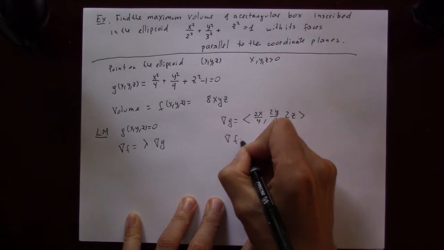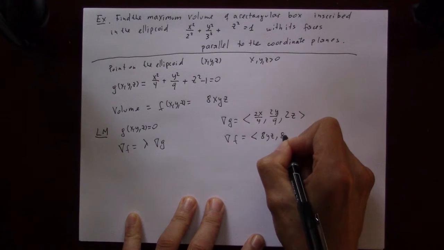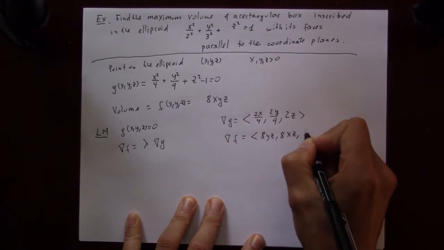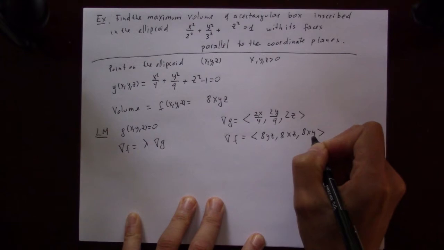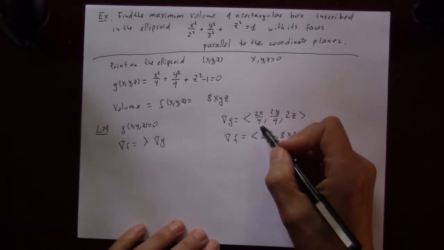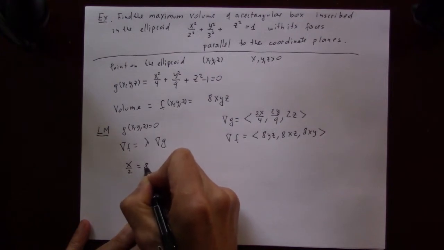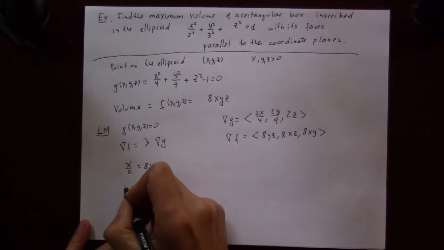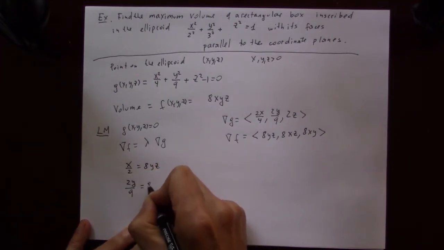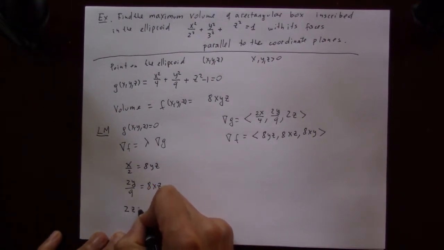Gradient of f is going to be 8yz, 8xz, 8xy. So we have the following equations. x over 2 equals 8yz, 2y over 9 equals 8xz, and 2z equals 8xy.